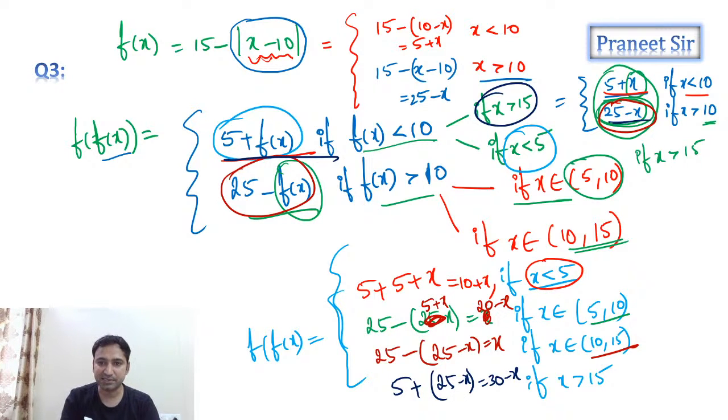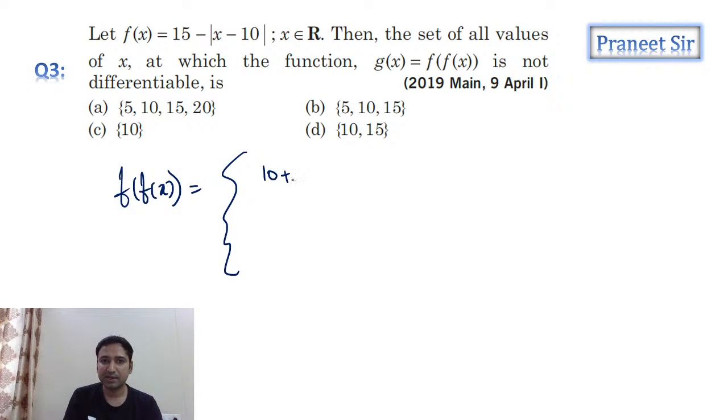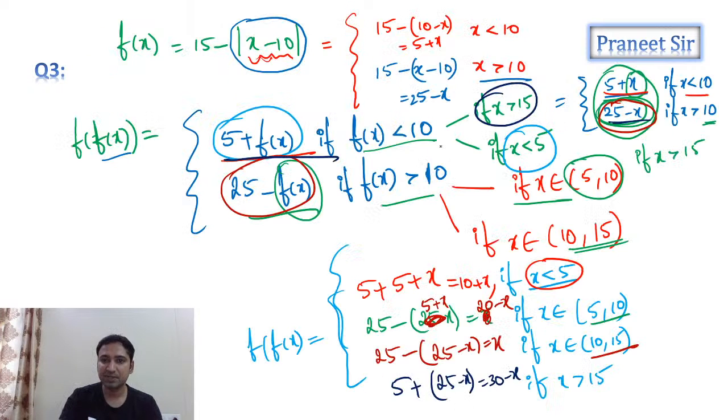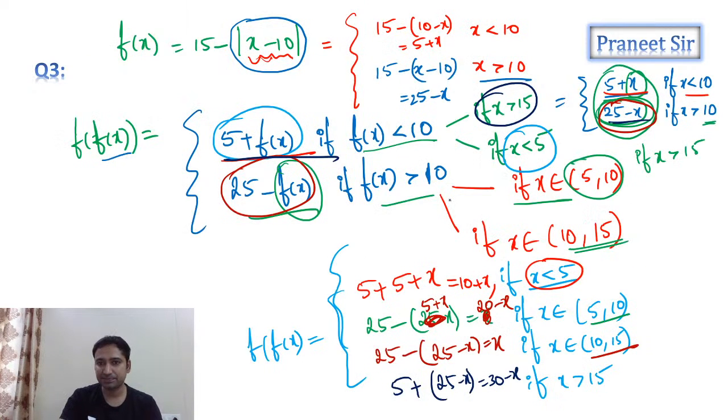Finally, we calculated f of x as 10 plus x if x is less than 5. Same way, 20 minus x if x belongs to 5 to 10.